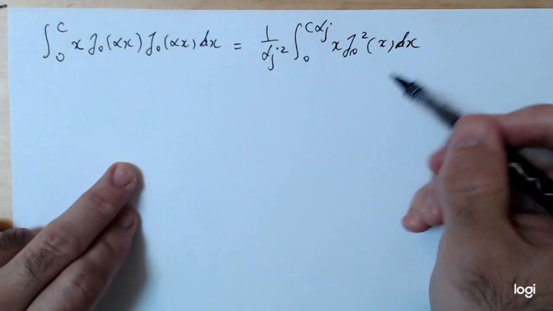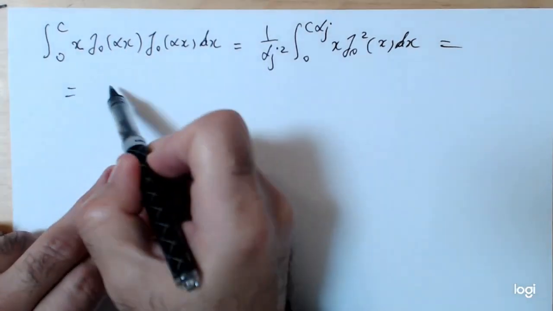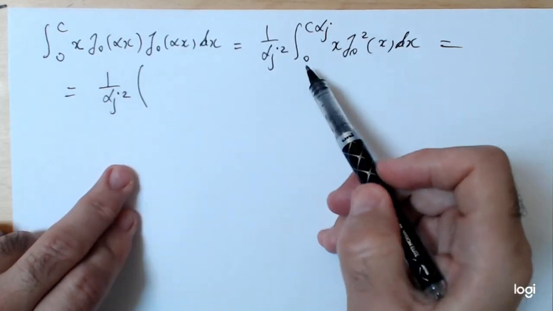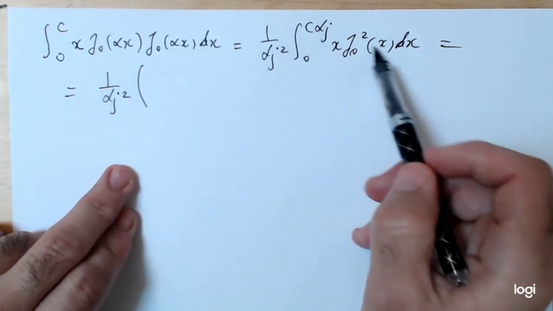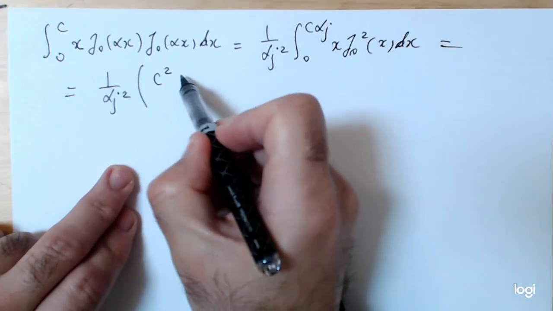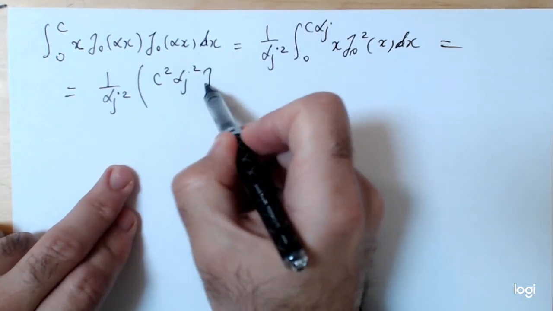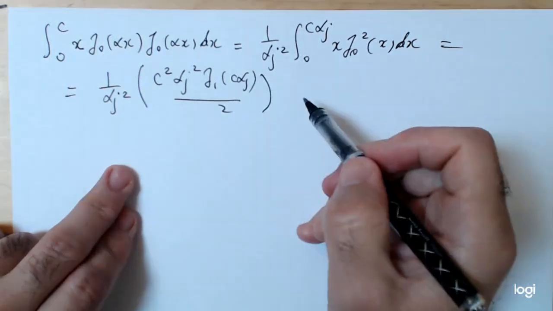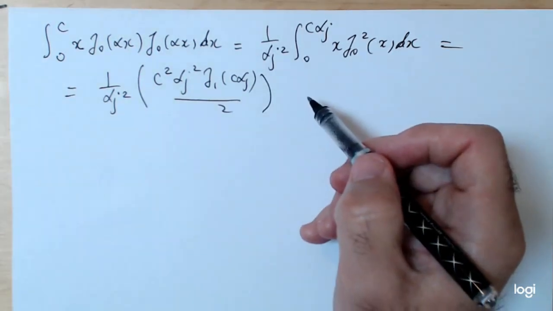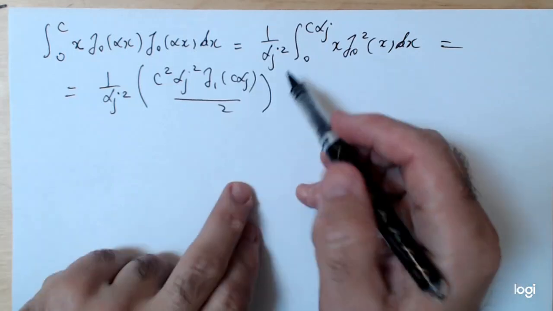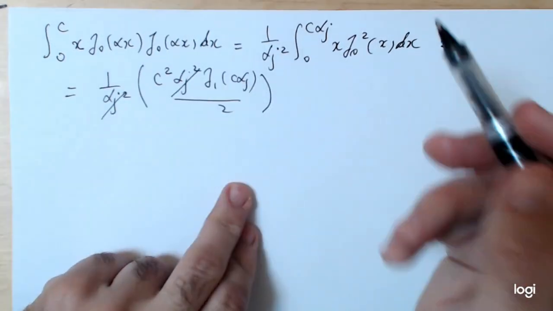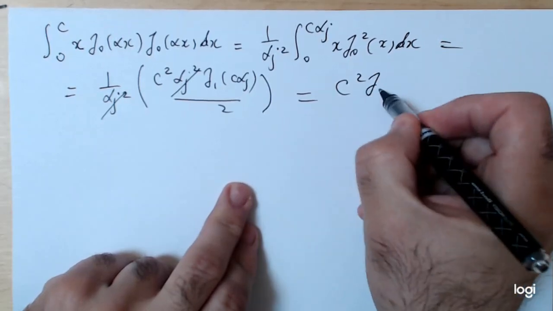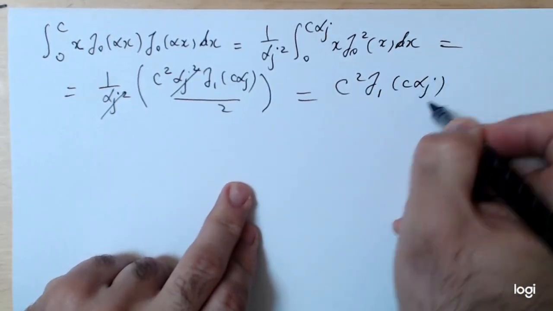And we just proved on the previous page that this integral is actually c squared alpha j squared J1 of c alpha j divided by 2. And alpha j squared cancels, since these are non-zero roots. So this is equal to c squared J1 of c alpha j over 2.